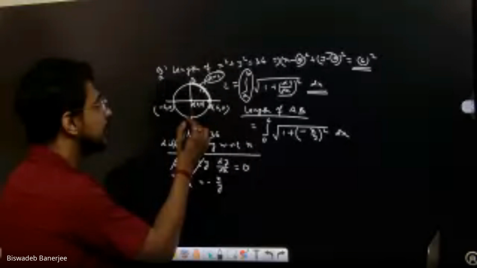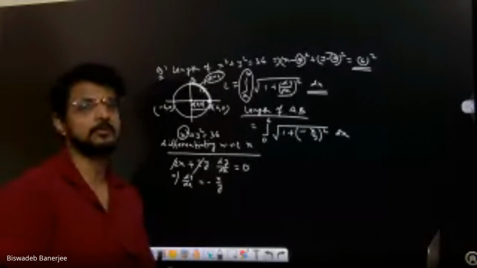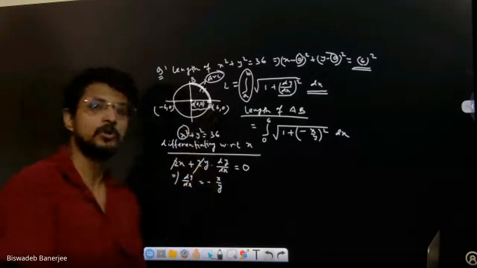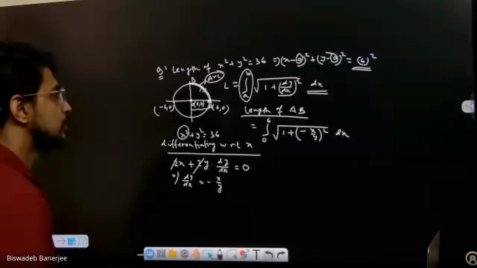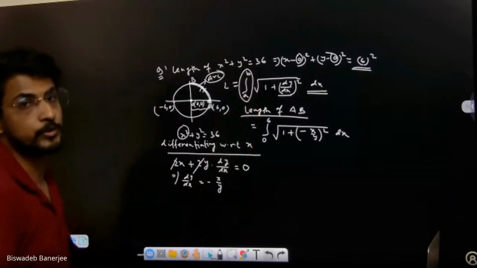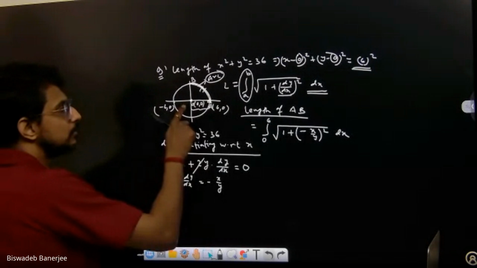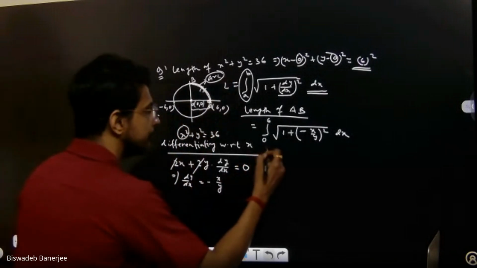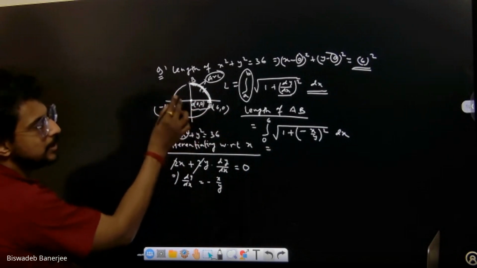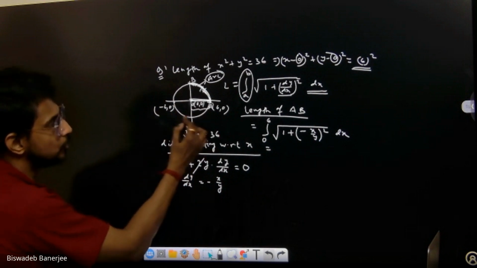So here you can see that my x varies between 0 to 6. That is why we have taken the range of this integration between 0 to 6. My a is 0, my b is 6. This is the length of only AB, because in arc AB, x varies from O to A.